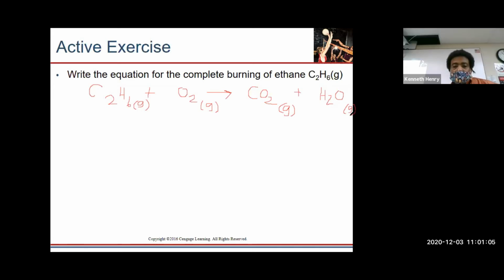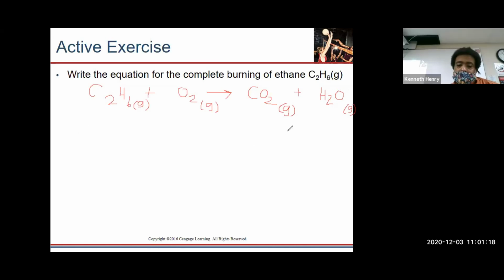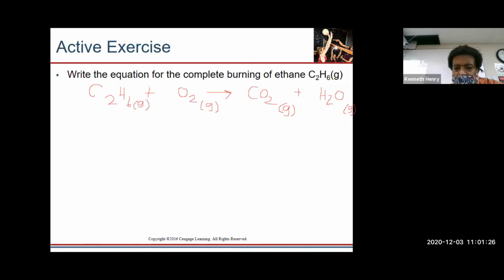So in a combustion reaction, the H2O is gas, because it's burning, right? Then you have to balance it. So what do we do to balance it?